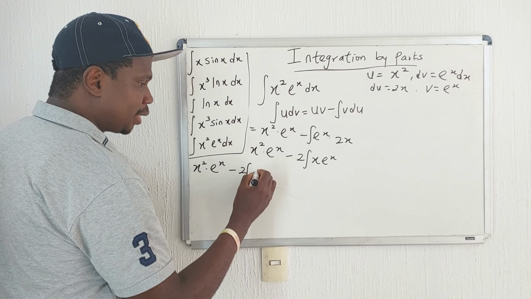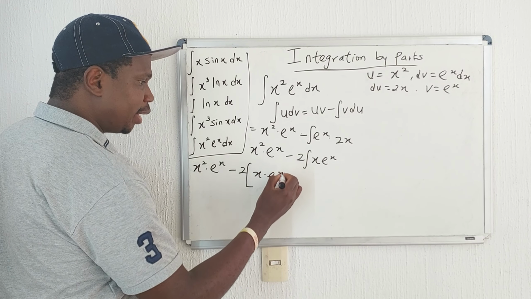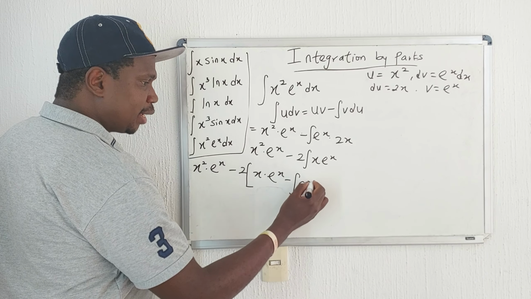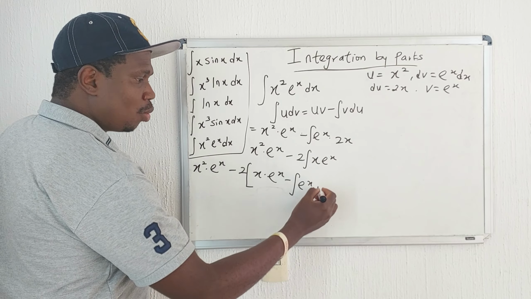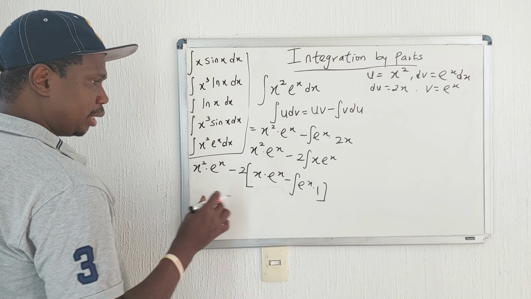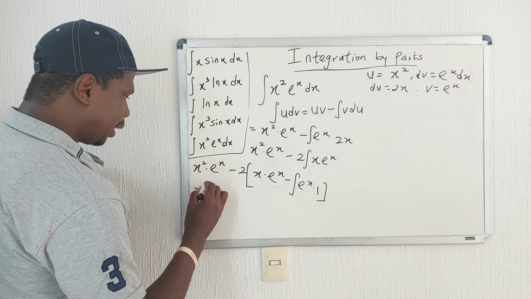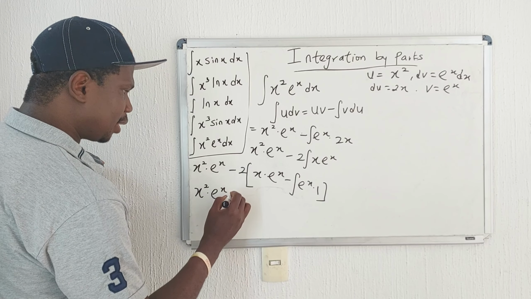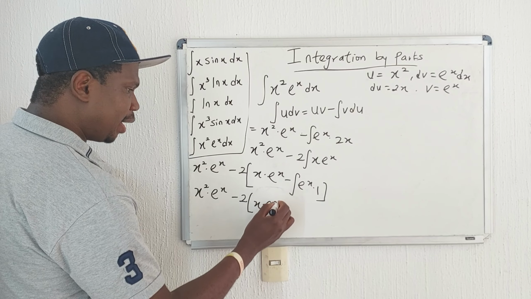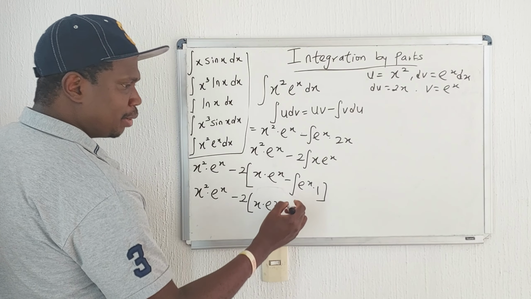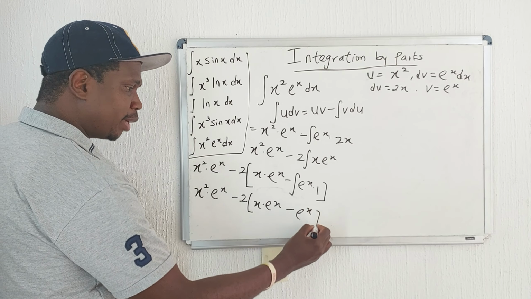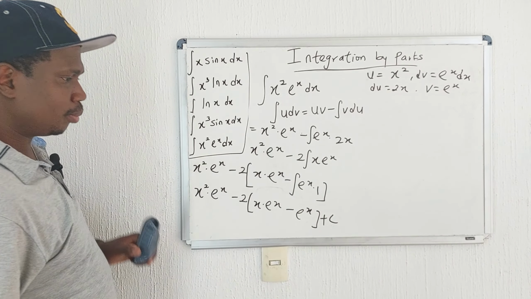My u is now x, my dv is e to the x, minus integral of what? v is e to the x dot du, differentiating x is what? 1. Now, you can simplify it by saying x squared e to the x minus 2, x e to the x minus e to the x times 1 is e to the x. If I integrate e to the x, I have e to the x, close the bracket, and plus c.